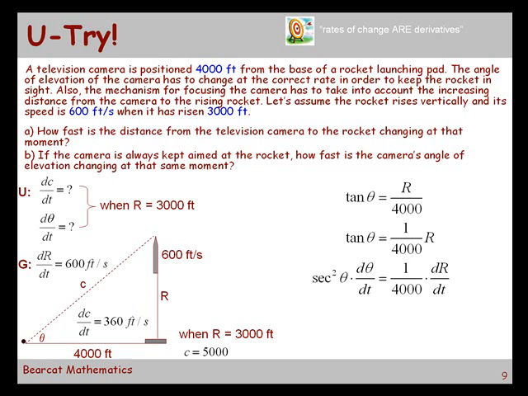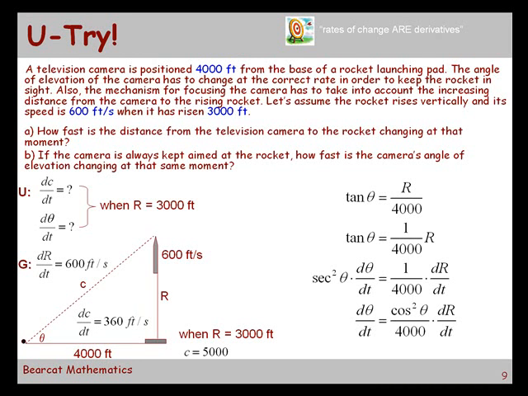I know dr dt, and I want to know d theta dt. I have to find some way to replace secant squared theta. Before I did that, I just divided it to the other side. Dividing by secant squared is the same as multiplying by its reciprocal, right? Dividing by something is the same as multiplying by its reciprocal.